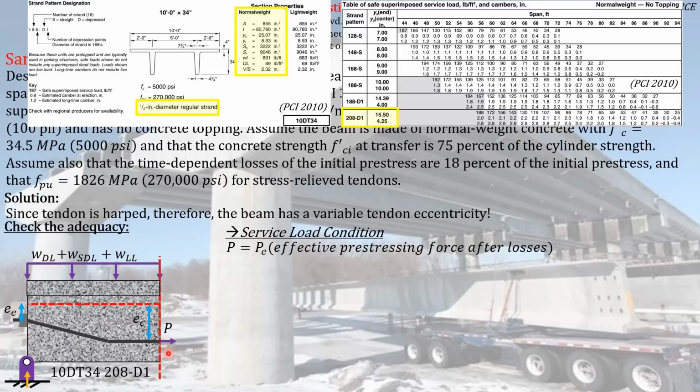The pre-stressing force that acts on the pre-stressing reinforcement is now the effective pre-stressing force, and the moment is now due to the dead load, live load, and superimposed dead load acting at midspan. So we just have to check the resulting stresses that will act on this concrete element at service load condition. And again, they must not exceed the allowable stresses specified by the code at service load condition.